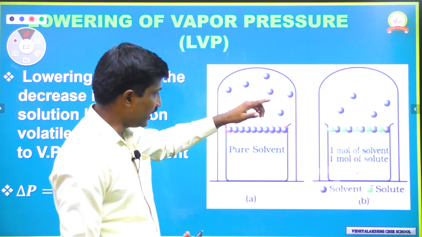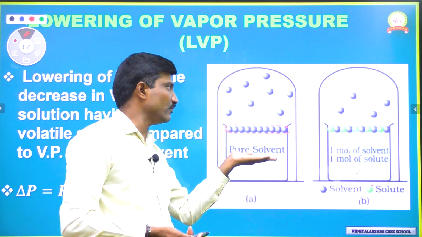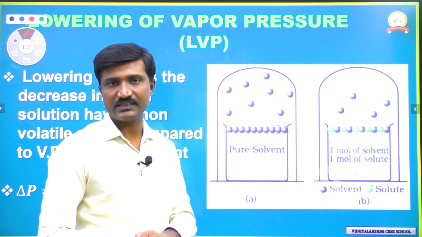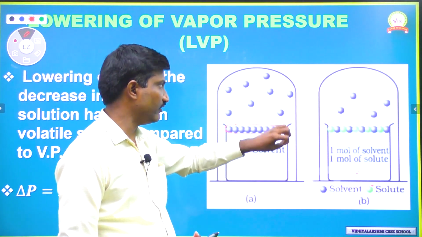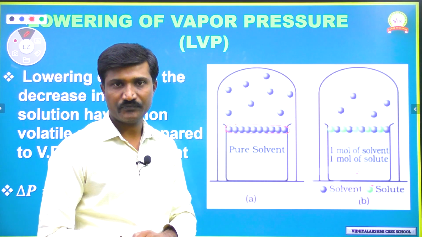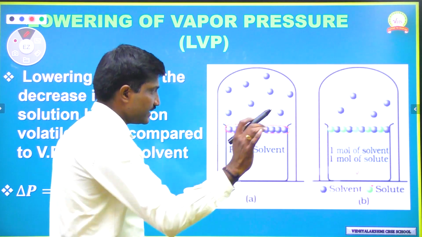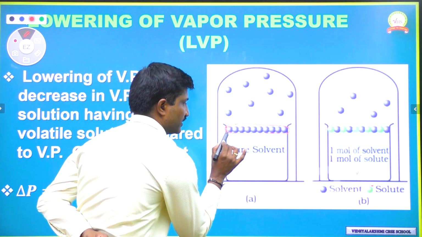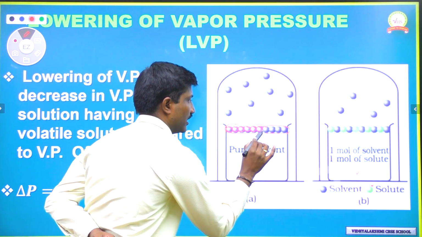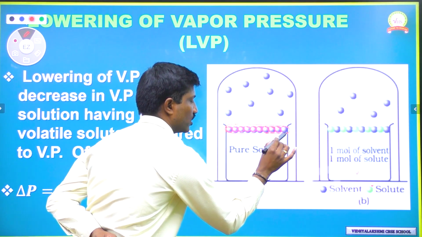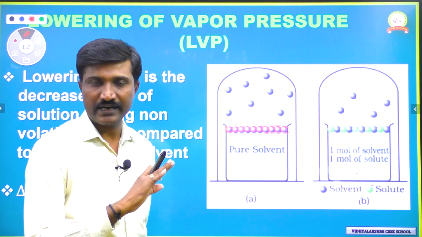Is it clear? If more liquid molecules occupy the surface, then more enter into the vapor state. Those vapors are nothing but gas, so they exhibit some pressure. In the case of pure solvent, only solvent molecules are present, so the surface is occupied only by solvent molecules, since we are not adding any solute.